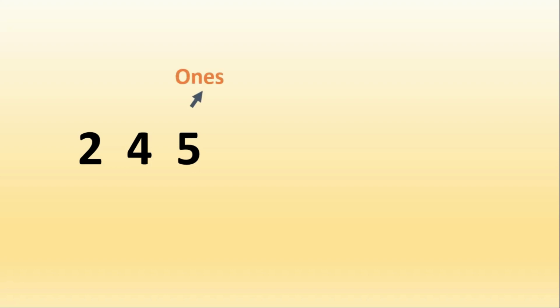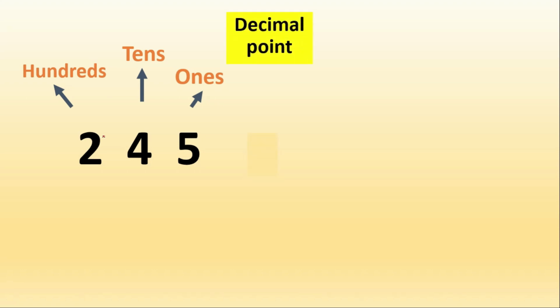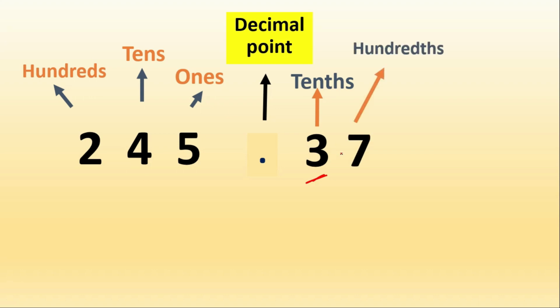The place value of 5 is ones, 4 is tens, and 2 is hundreds. Got it? And by adding a decimal point, we move to the decimal part, and the first digit in the decimal part is the tenths place, the next one is the hundredths place, and the third place is the thousandths place. Got it?